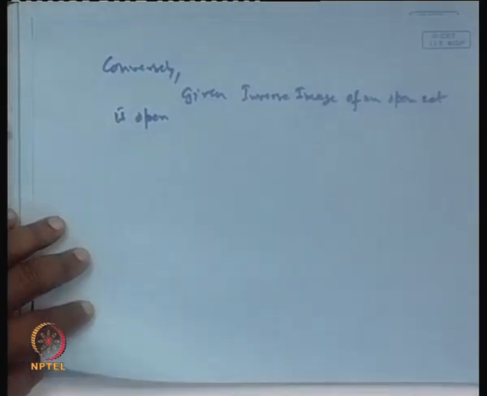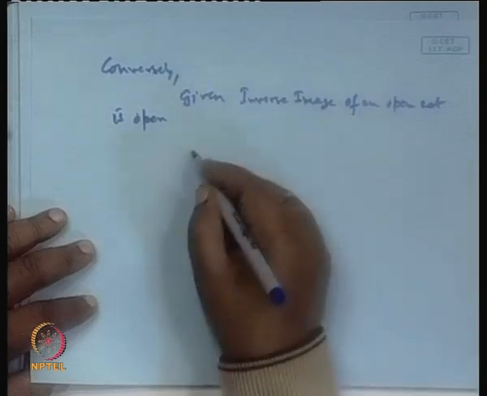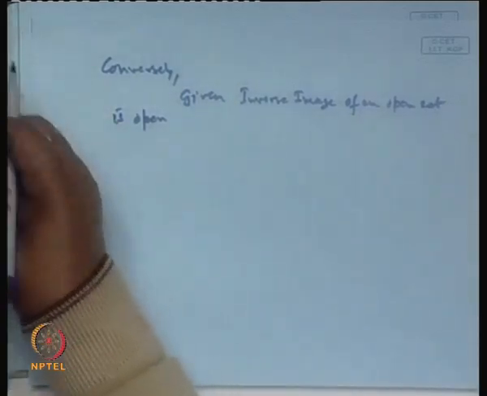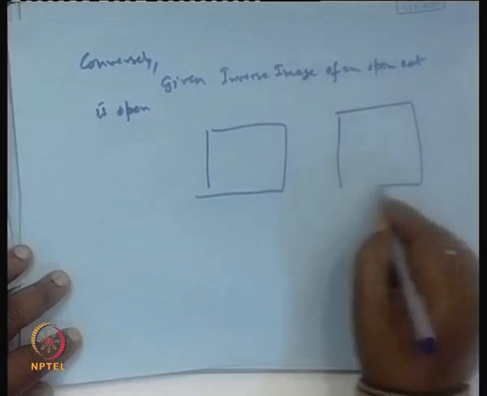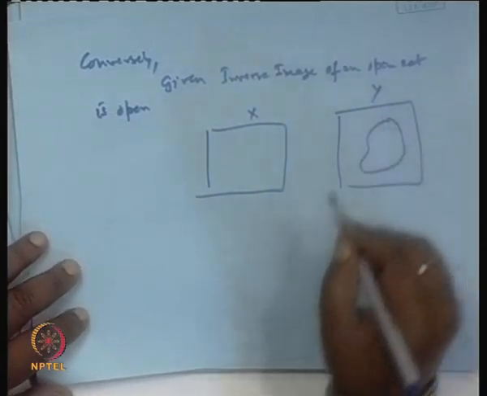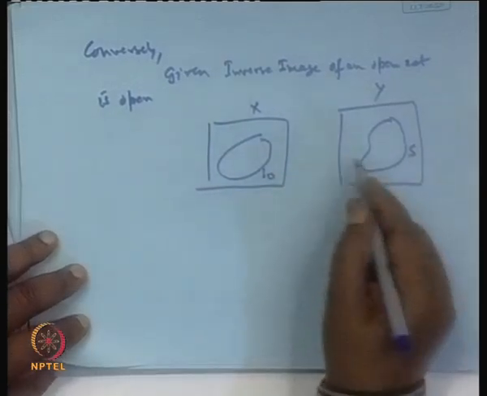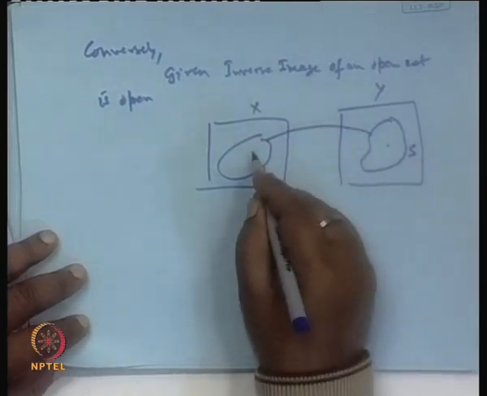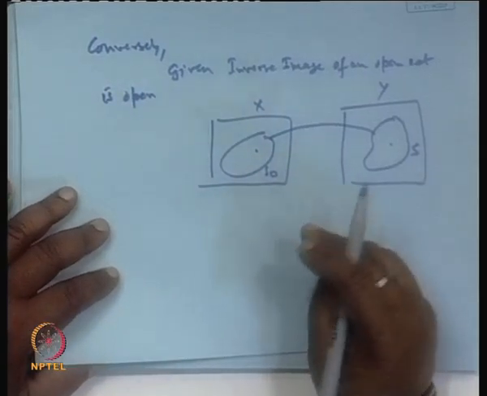So, what is known is that T is a mapping from X to Y, and this is our open set, here is also an open set, and the inverse image of the open set is given to be open. We wanted T to be continuous.